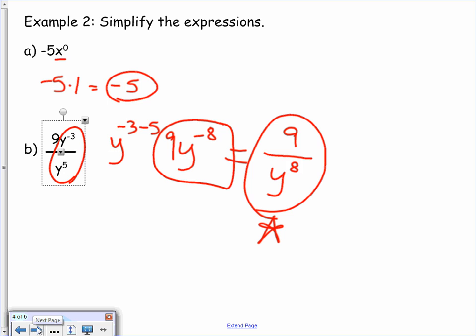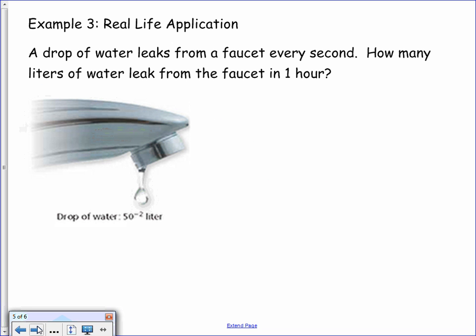Now example 3 is a real-life application problem. It says a drop of water leaks from a faucet every second. How many liters of water leak from the faucet in 1 hour? What we need to do first is convert 1 hour to seconds.